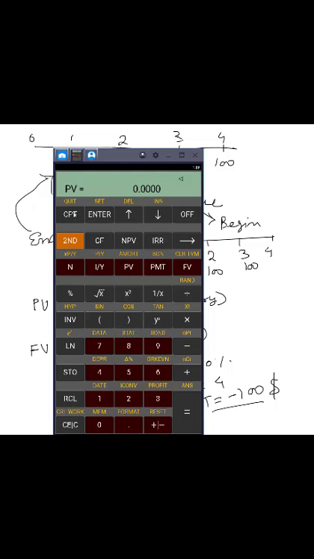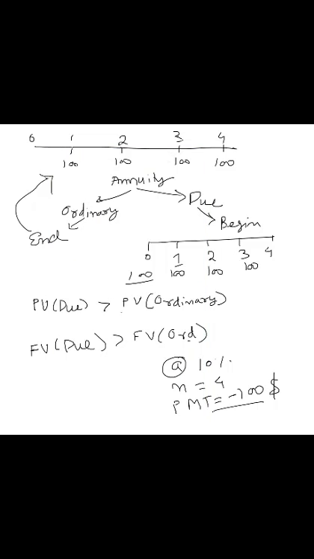We compute the future value, which is simply 464. Let's write it down: in case of ordinary annuity, it's $464.